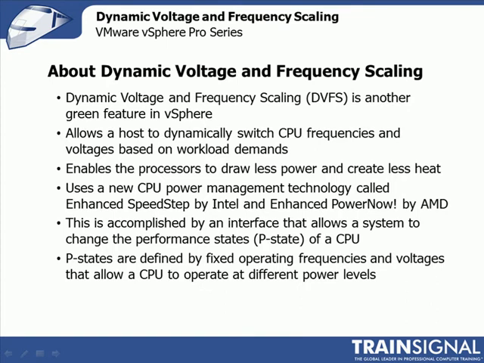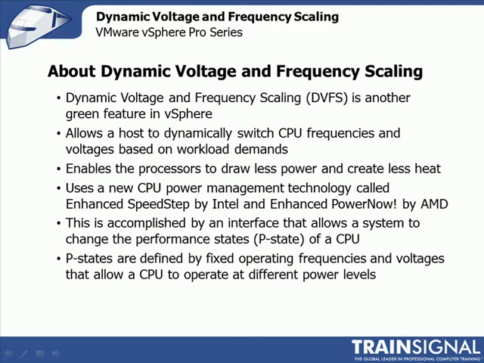You're probably familiar with the Distributed Power Management feature, also known as DPM, that was introduced in VI3 to help save on power and cooling costs by powering hosts off during periods of inactivity. There's also a little-known feature in vSphere called Dynamic Voltage and Frequency Scaling, also known as DVFS, that can help you save even more by leveraging a new CPU power management technology called Enhanced SpeedStep by Intel and Enhanced PowerNow by AMD.